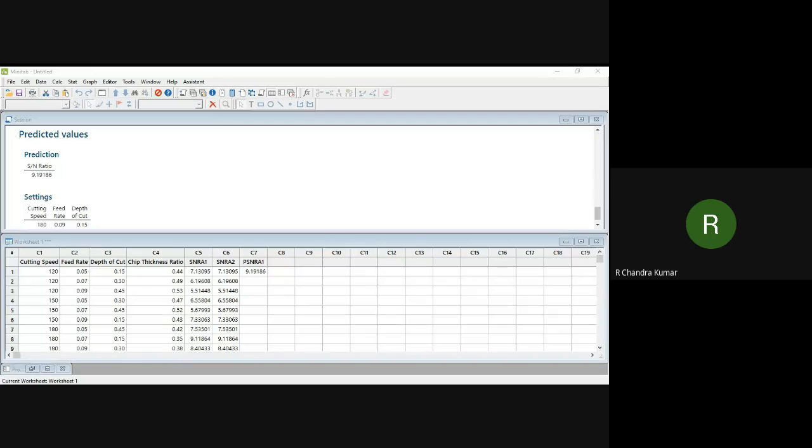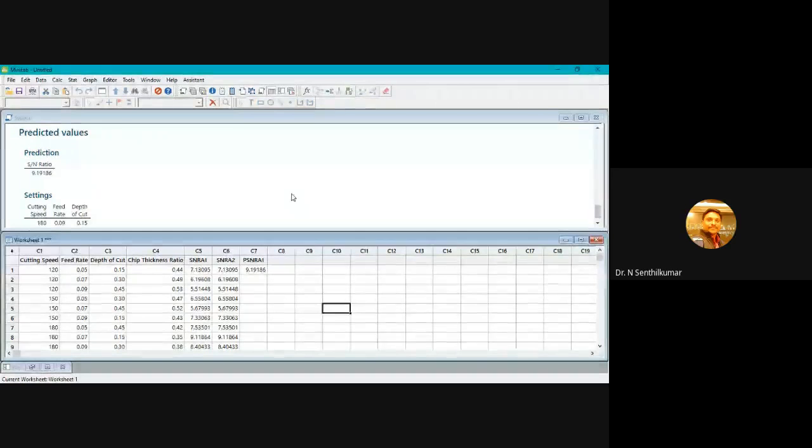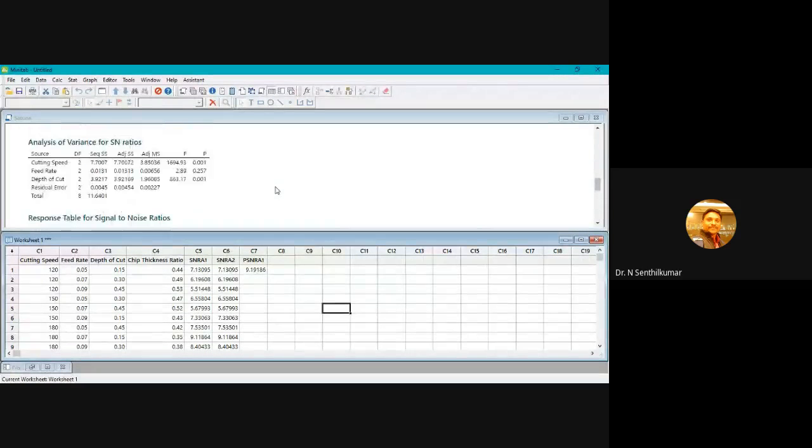Sir, interpretation of this ratio, anything we should know? The percentage contribution, sir. Yeah. Right. The percentage contribution is very, very simple, sir. In this, we have the sequential sum of squares. So the percentage contribution of cutting speed is equal to 7.7007 divided by total sequential sum of squares.